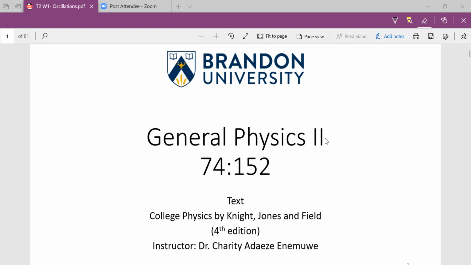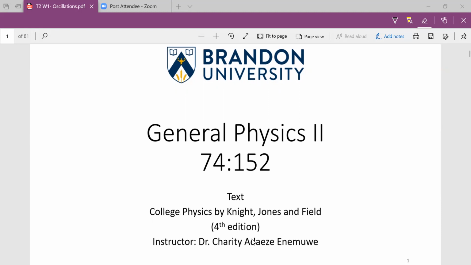In General Physics 1, we stopped at chapter 13, so we're progressing from chapter 14 to chapter 28 of our college physics textbook, the 4th edition.